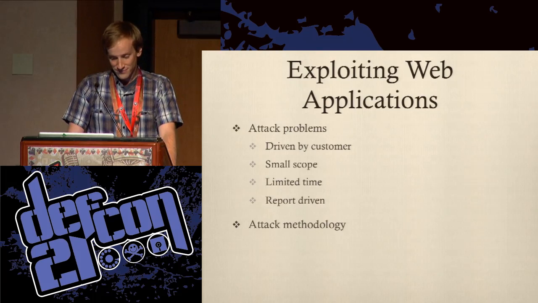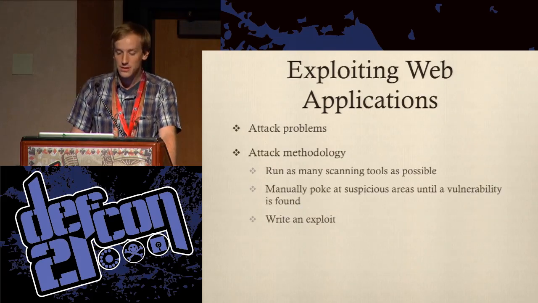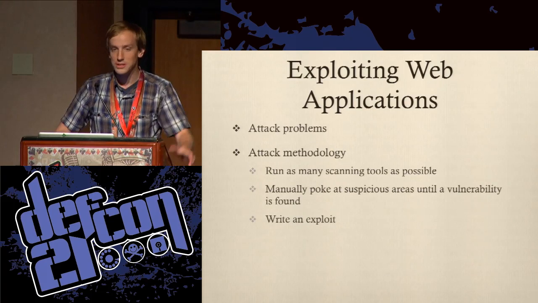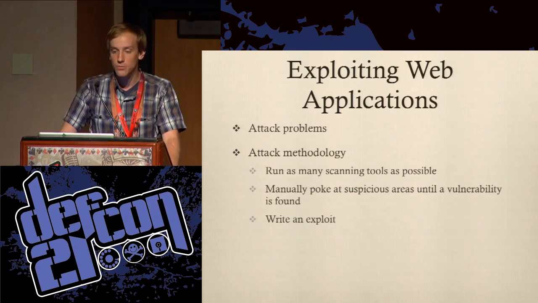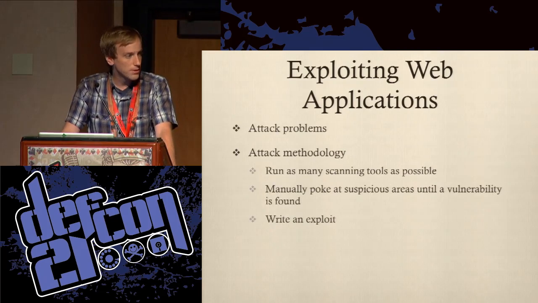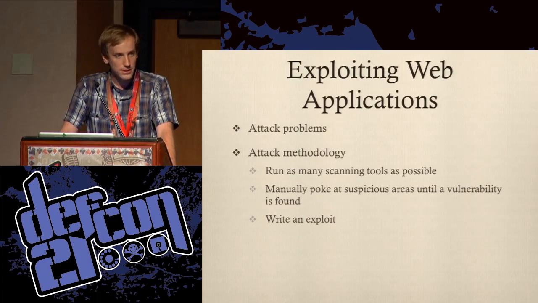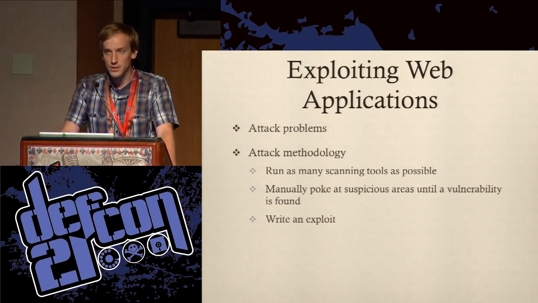And there's a number of ways that I approach trying to solve these problems. And my methodology was usually run as many scanning tools as possible against a web application, and then manually poke at the areas that come up as suspicious. And from there, if it does turn out to be exploitable, I write an exploit for it.